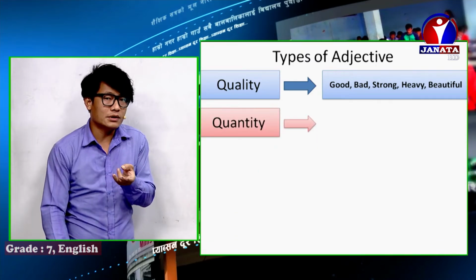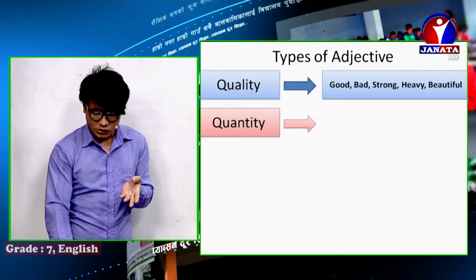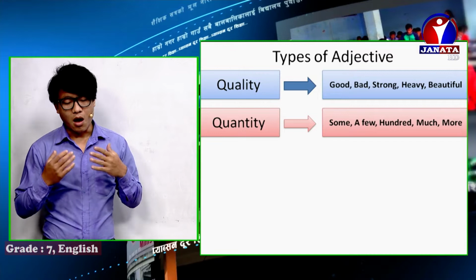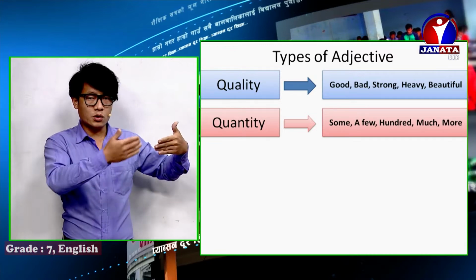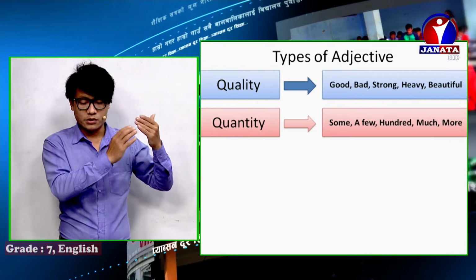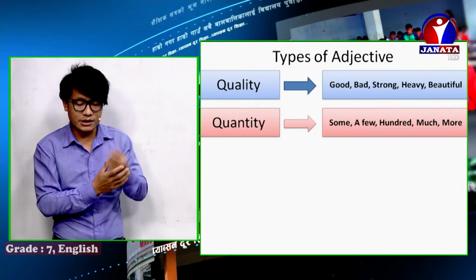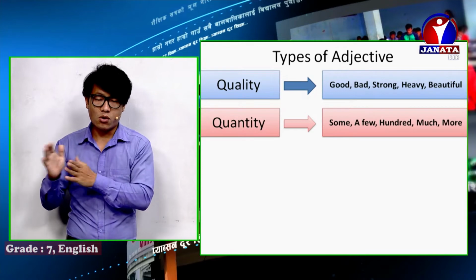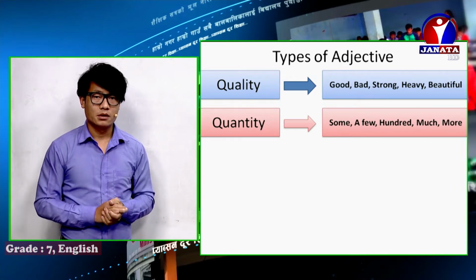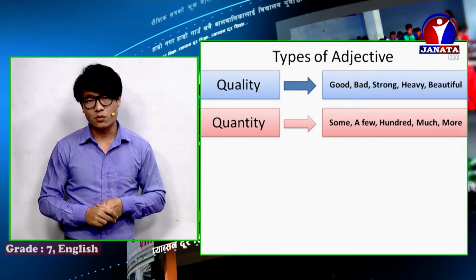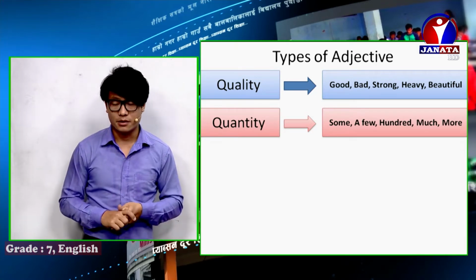Quantity obviously talks about numbers. Like some, a few, 100, 1, 2, 3, you can write any number. I have written one number, that is 100. Much, more, a lot of, lots of. So these are quantity adjectives which talk about number.